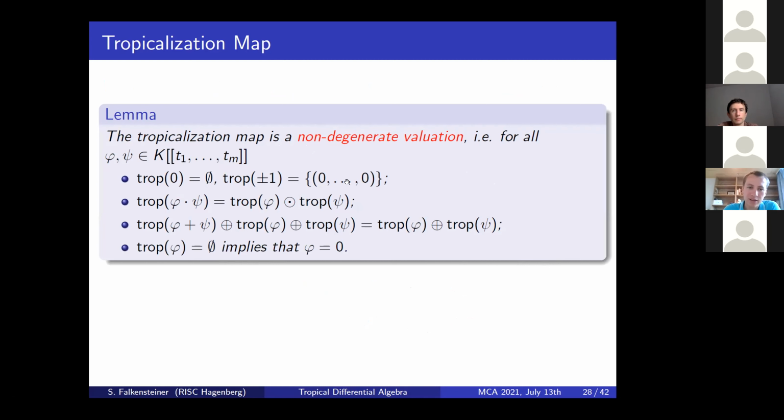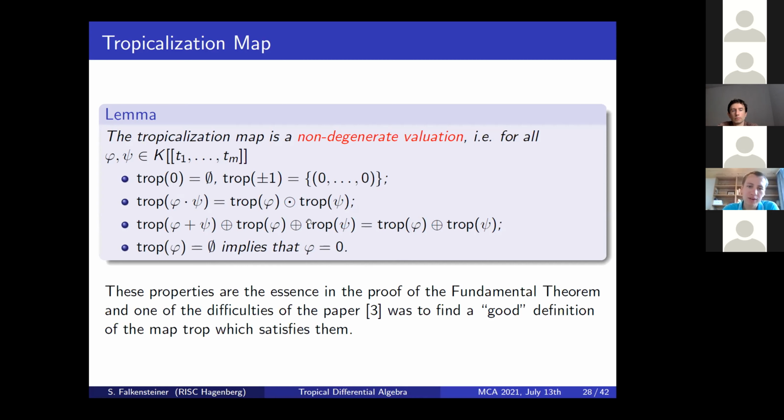Here the properties are listed. It basically says that it behaves extremely well with multiplication, but not so well with addition. But this is also what we expect, because in Tm, the set of vertices, we do not have additive inverses. So this is the analog here.